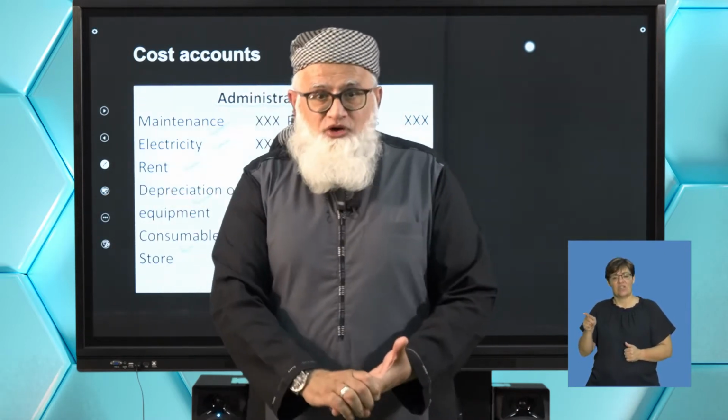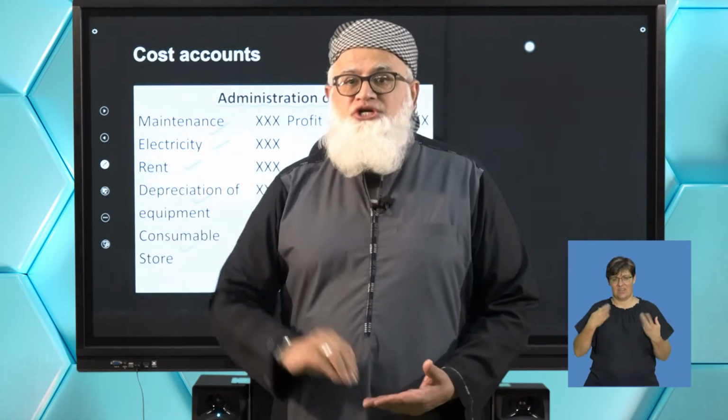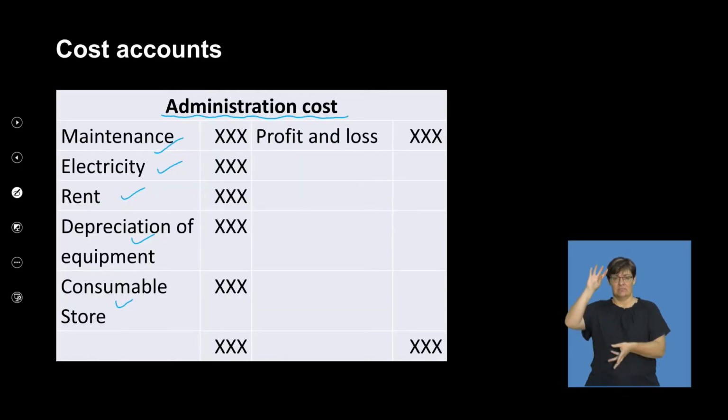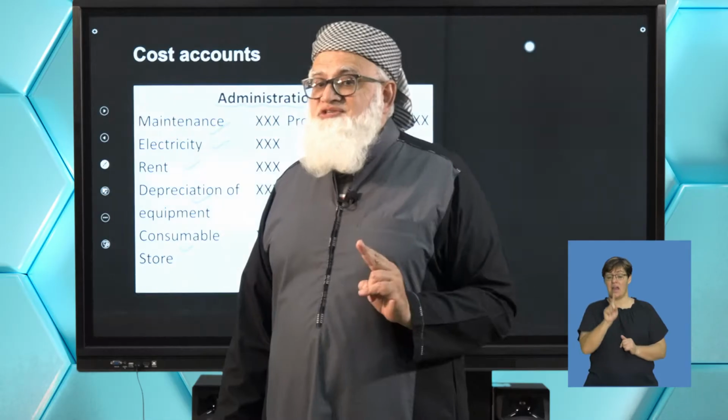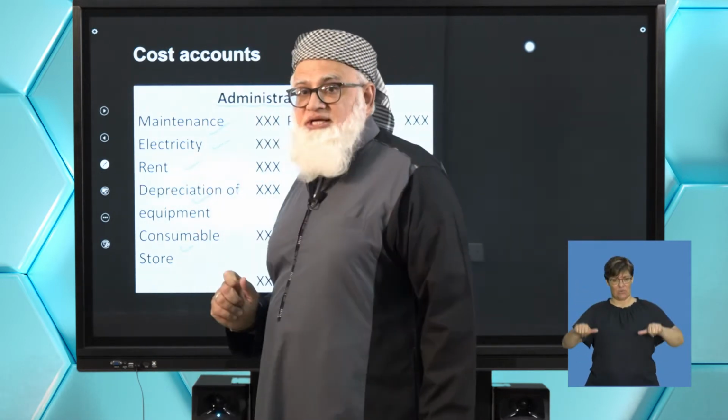So therefore, transfer that component into your administration cost account. Okay, right. Once you've accumulated all of them here in your administration cost account, note the difference. Take particular note of this here. Where do we transfer this account to? Where do we close off the administration cost account to?